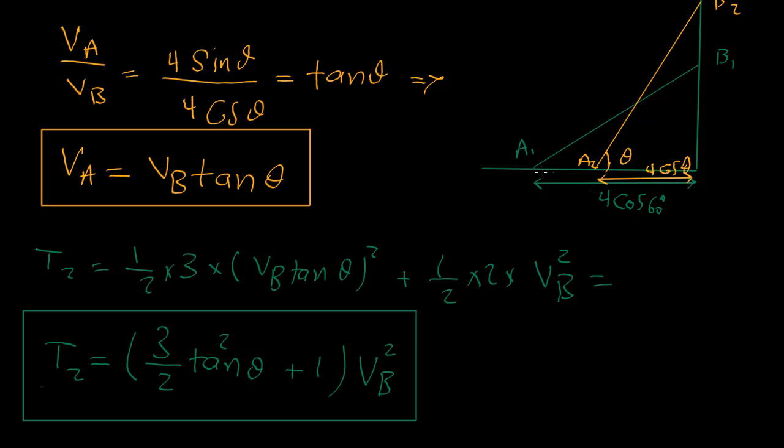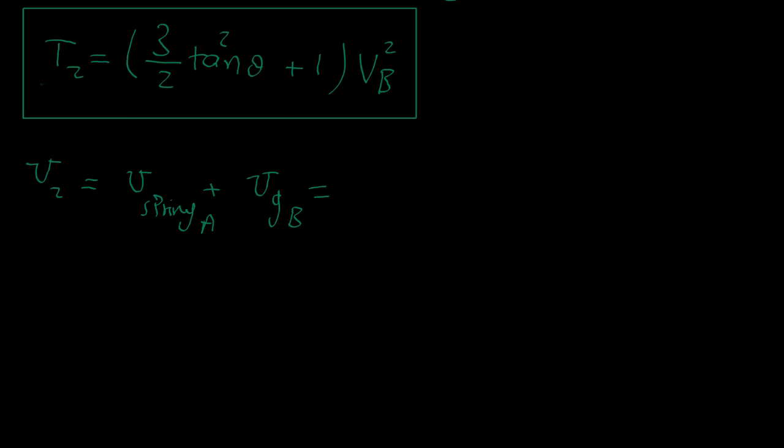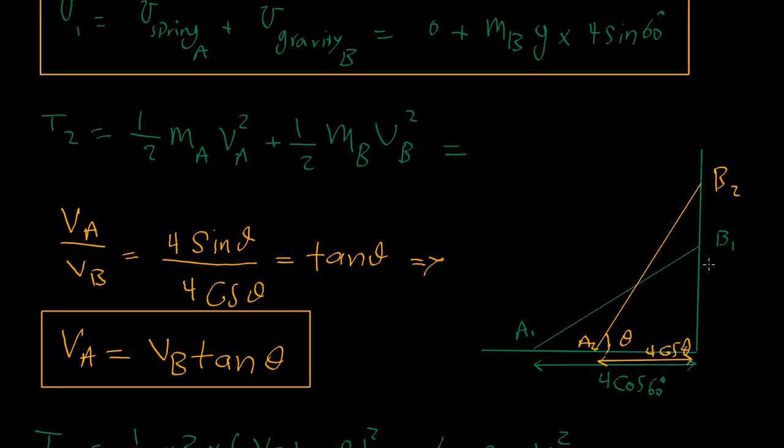And this length here is just the elongation of the spring, which would be 4 cosine 60 minus 4 cosine theta. So we can write down here, this would be 1 over 2 k times (4 cosine 60 minus 4 cosine theta) squared, plus the potential energy that is stored in B due to gravity. Again, we can do the same thing here. So this is 4 sine 60, and this is 4 sine theta.